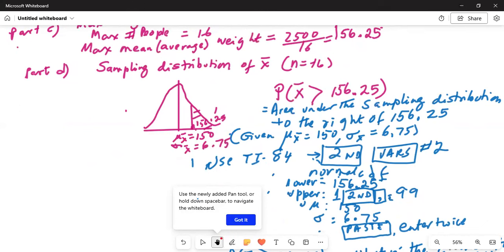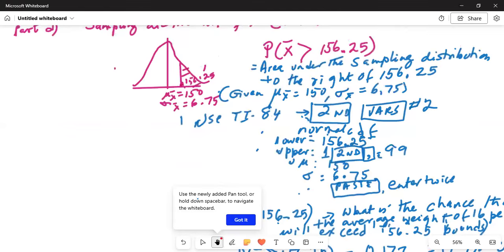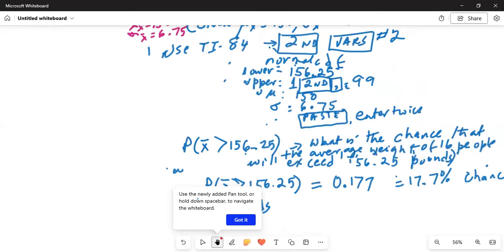Exceed means greater than, so we are on the right of 156.25. So we start our calculation from 156.25. The right end is a very large number, 1e99, or 1 followed by 99 zeros. Mean is 150. Remember, the standard deviation is that of the sampling distribution, which is 6.75. And then we paste, enter and enter.